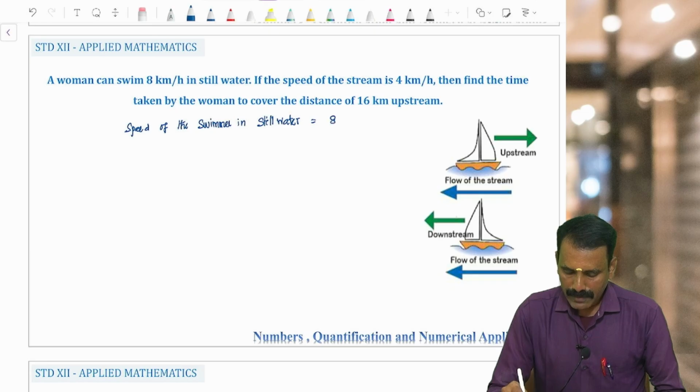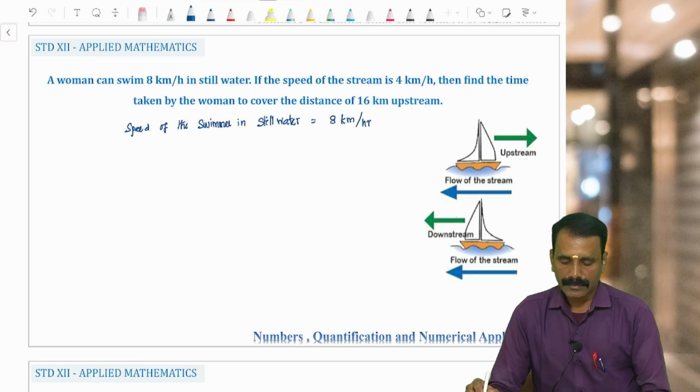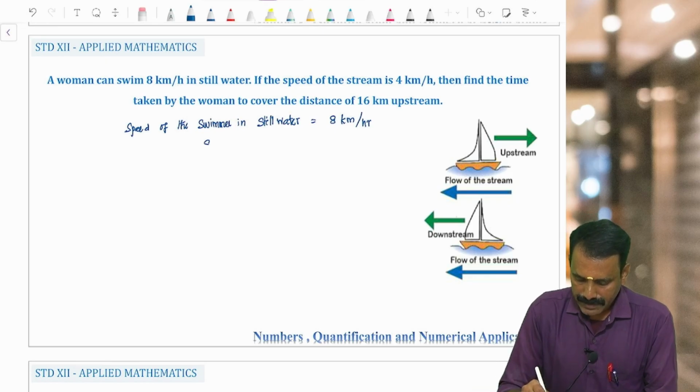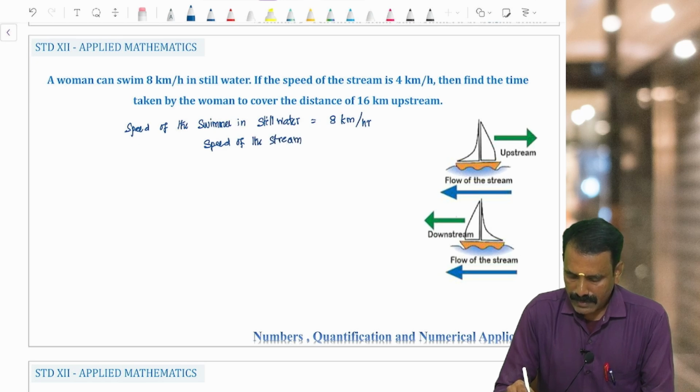It is going to be 8 km per hour. And the speed of the stream is given to be 4 km per hour.